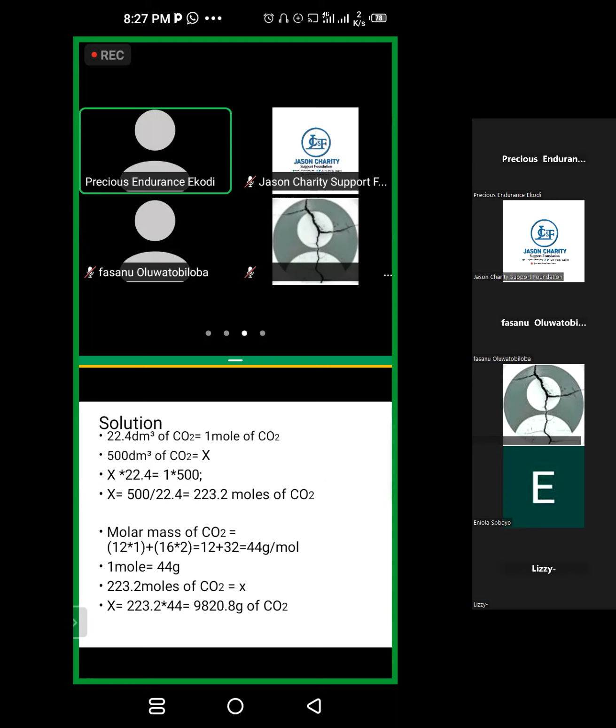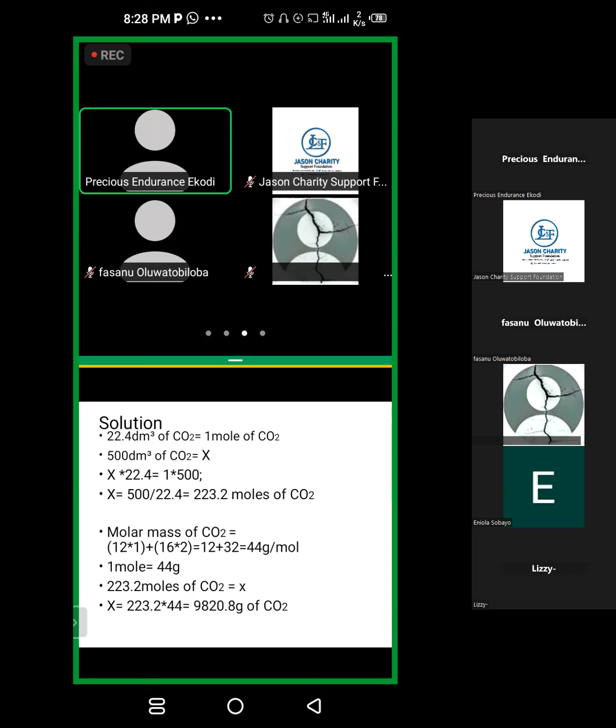So 22.4 dm cube of CO2 is the same thing as 1 mole of CO2. And remember, the question says 500 dm cube of this CO2 is absorbed on a daily basis. So 500 dm cube equals X, because we are looking for how many moles.